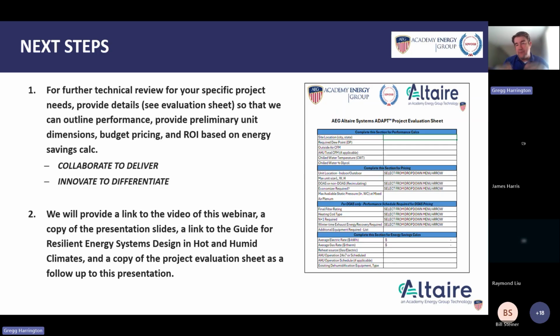And so part of this is we're looking for people to bring us projects so we can show you. We have a rough template of information that we would need to help come up with some preliminary footprints, layouts for equipment, budgets, and a preliminary energy calc, so you can see for yourself.